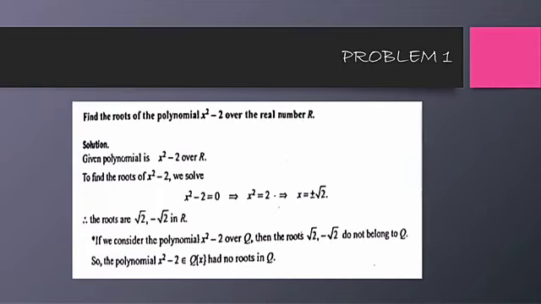Is that clear? So depending upon what is specified, whether it is R or Z or Q, you have to discuss this. Okay. Suppose this is discussed over C, complex numbers. Is this a complex number? It is not a complex number because there is no i over there. So definitely it does not belong to C. That is what my conclusion will be. Okay. So we'll move on to the next problem.